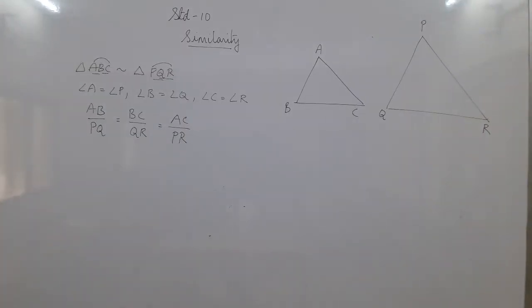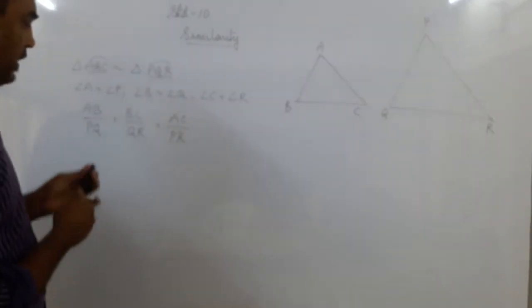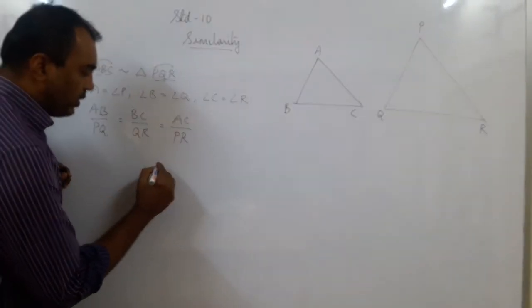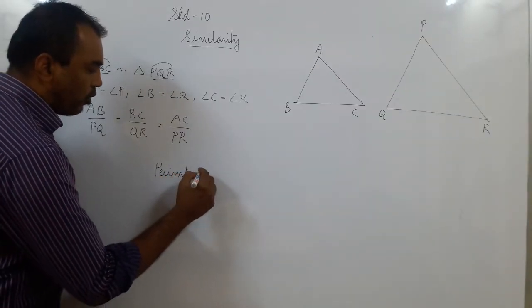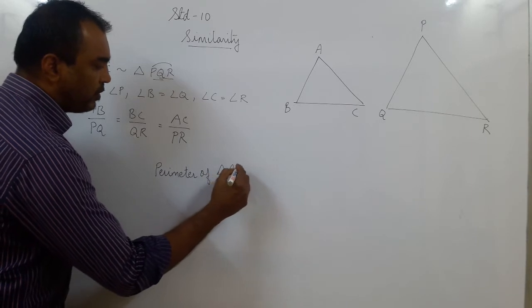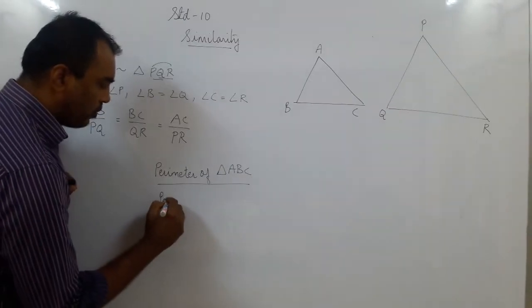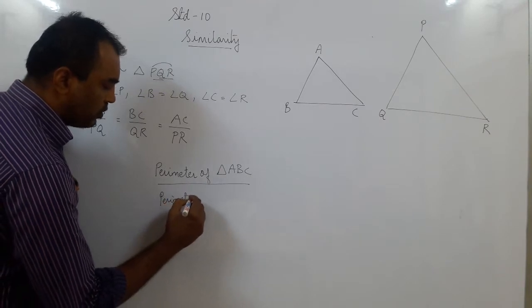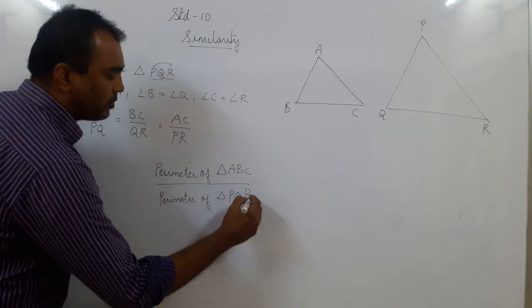The first thing today I want to see is the ratio of the perimeters. It means I want to take the perimeter of triangle ABC upon the perimeter of triangle PQR.